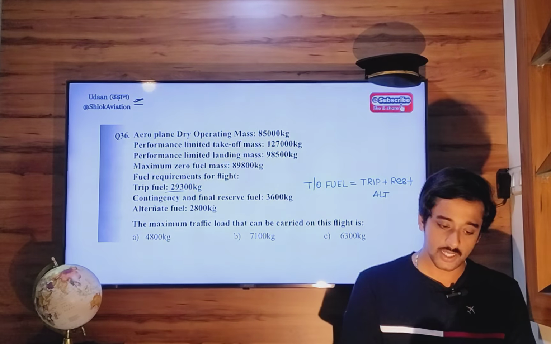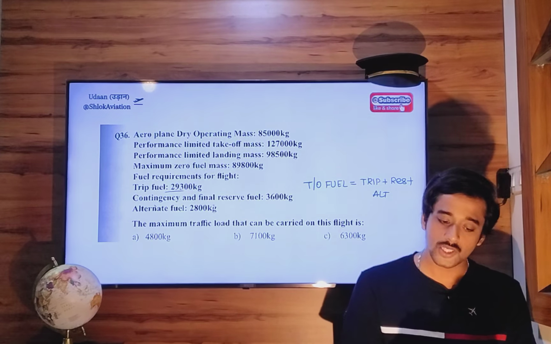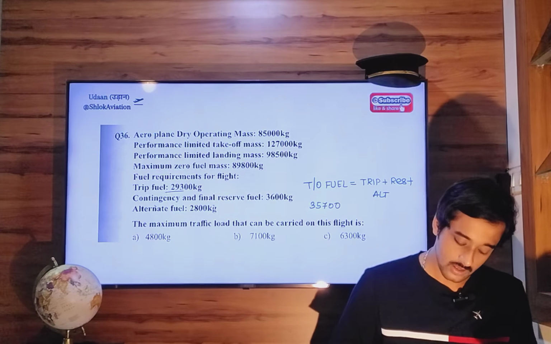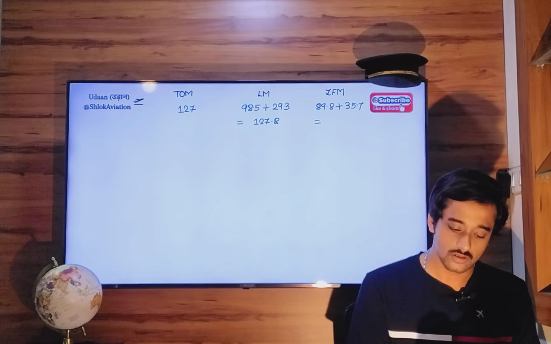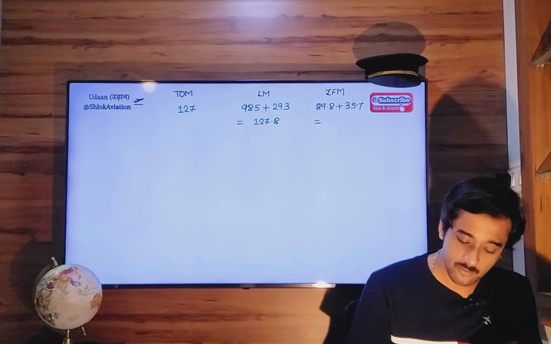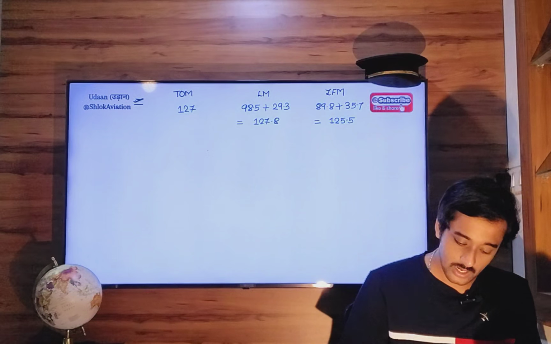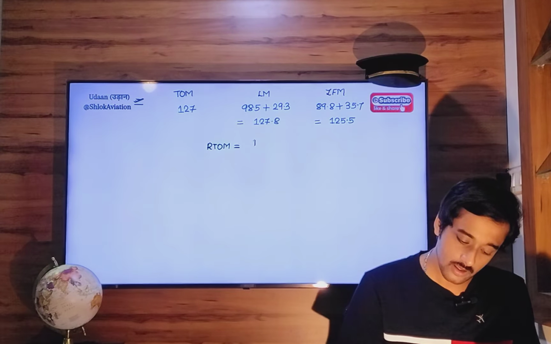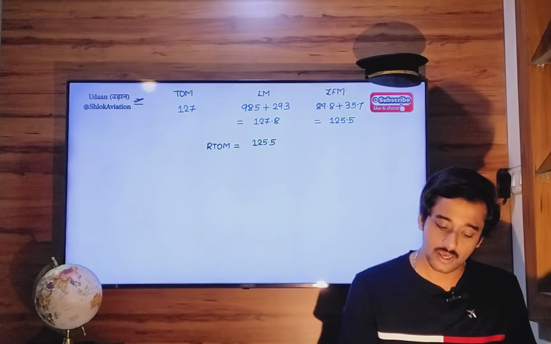So 29,300 plus 3,600 plus 2,800, so 35,700. 35.7. 25.5. So regulated takeoff mass will be 125.5. Okay? So the lowest of them all.